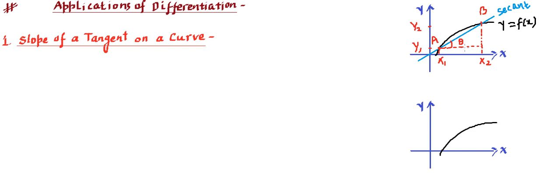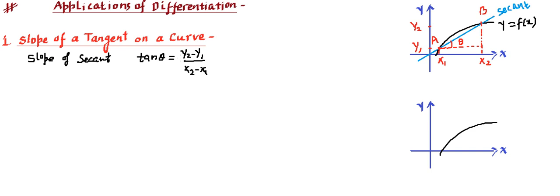And from here, the slope of the secant is given as tan theta. Now this tan theta is going to be equal to (y2 minus y1) divided by (x2 minus x1).